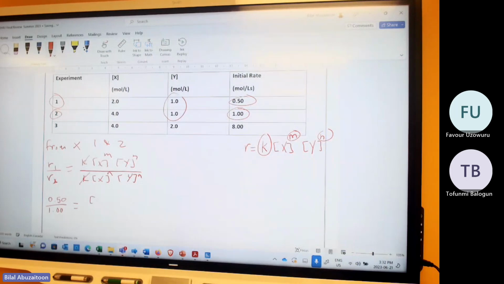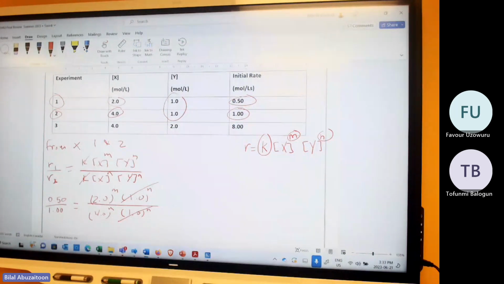Concentration of X in the first experiment is 2.0 to the power of m, Y is 1.0 to the power of n, over, for experiment 2, 4.0 to the power of m, 1.0 to the power of n. This cancels this, right? That's why we take experiments where one of the reactants is constant, to cancel it out and deal with one unknown.